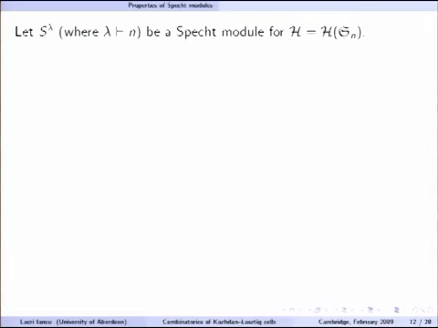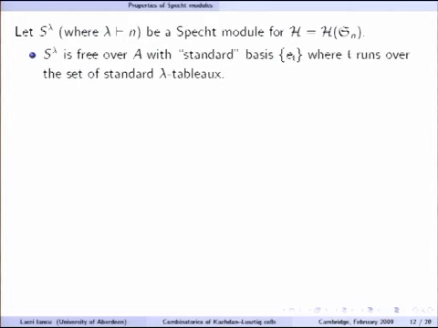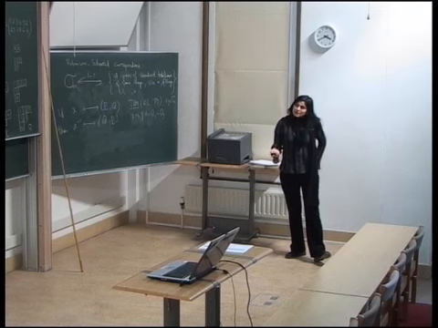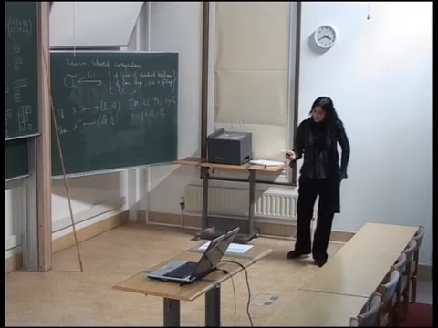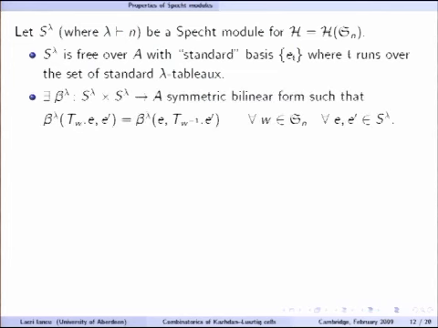They are labeled by partitions lambda of n. And such an S lambda is free over A with some standard basis, which is indexed by the set of standard lambda tableaux. So lambda is a partition, and you look at all standard tableaux of that shape, and this is how you label the standard basis of the Specht module.